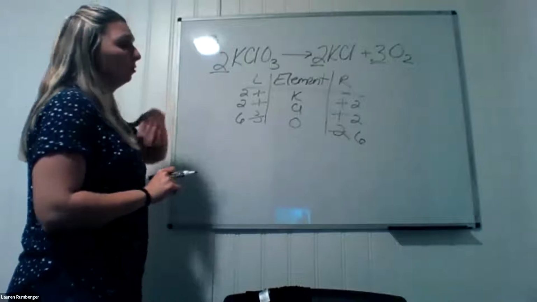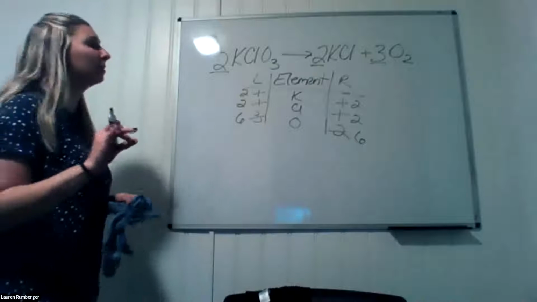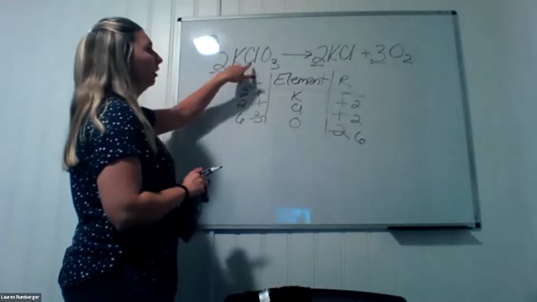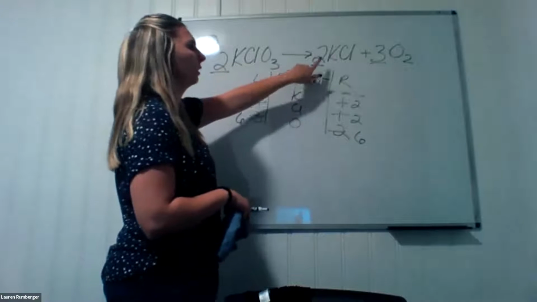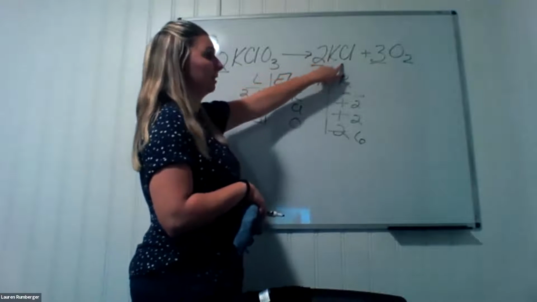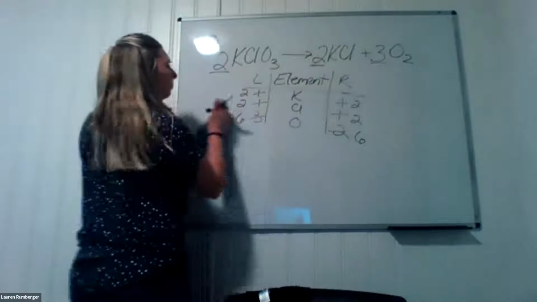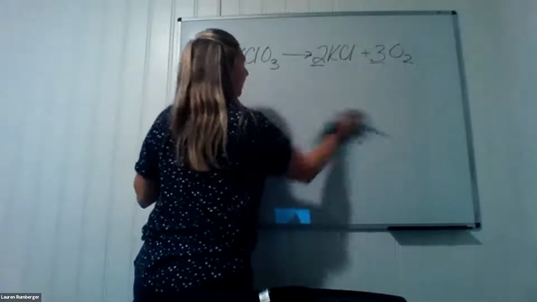Okay, so what does this balanced equation tell us? It is telling us that 2 moles of potassium chlorate decomposes to form 2 moles of potassium chloride and 3 moles of oxygen. So let's write that out.